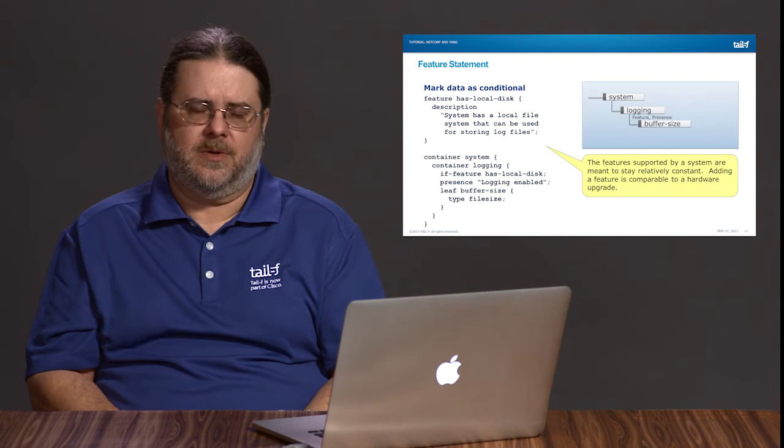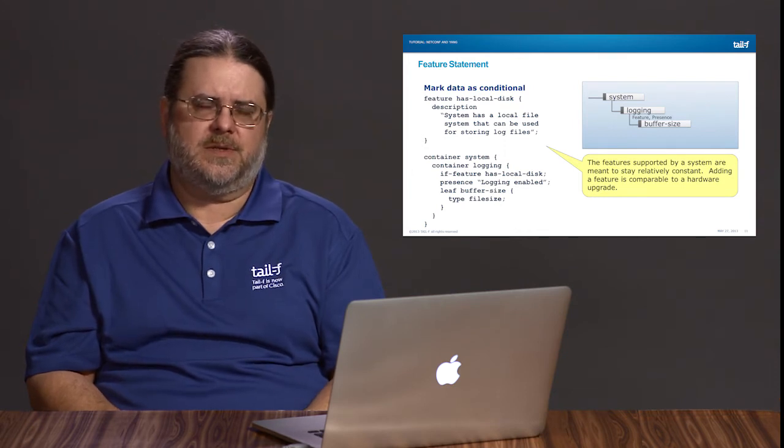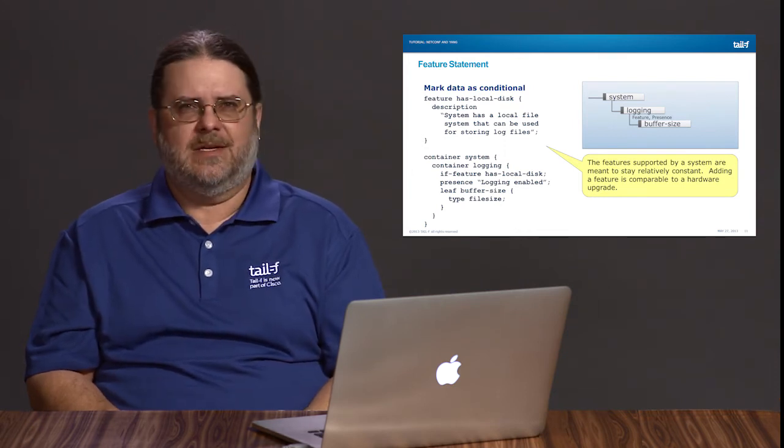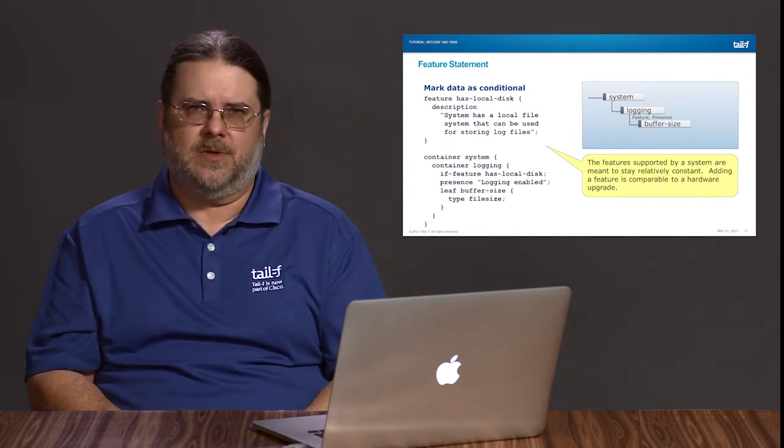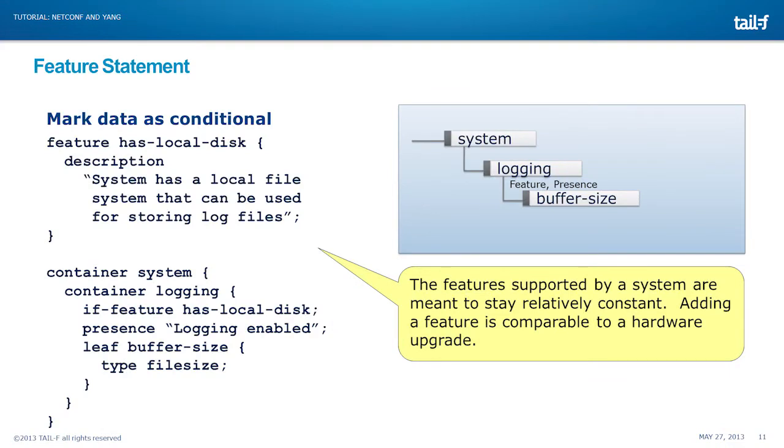Feature. Feature is similar to doing things such as if-def in C code. If perhaps you have a model, this data model covers 3 different models of devices that your company makes.